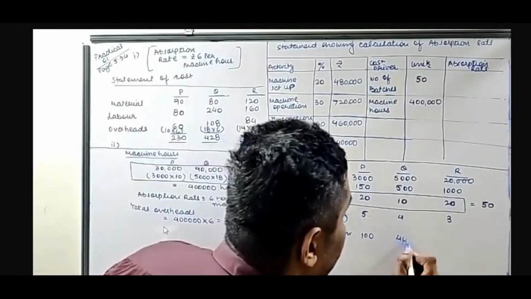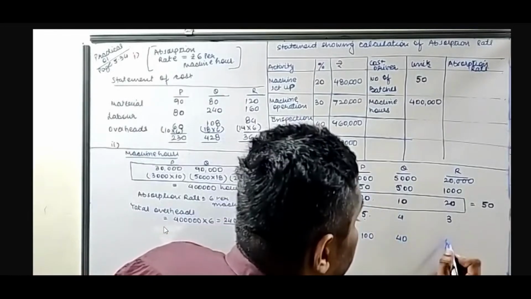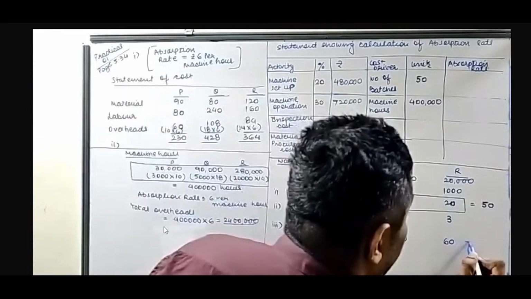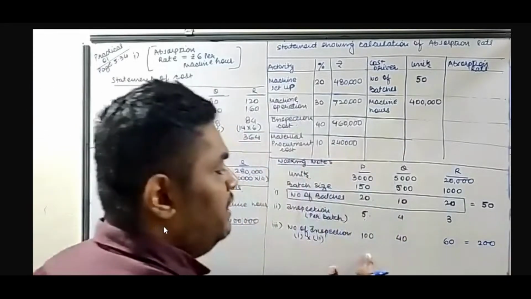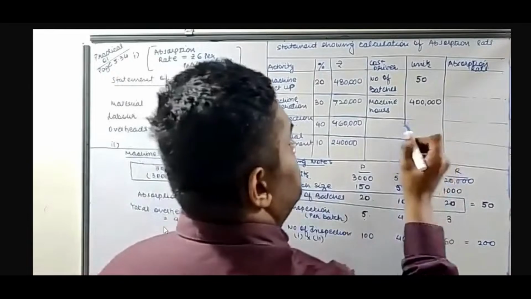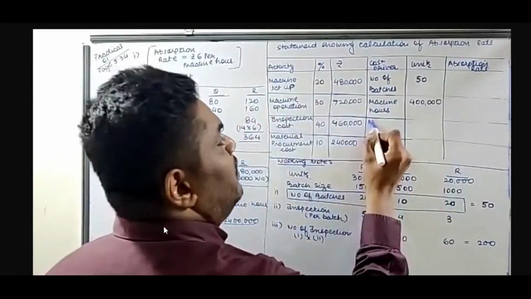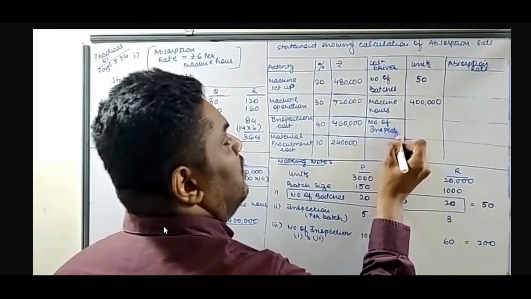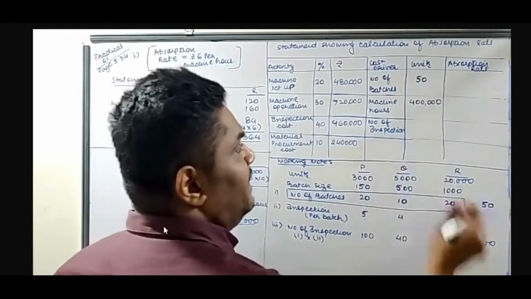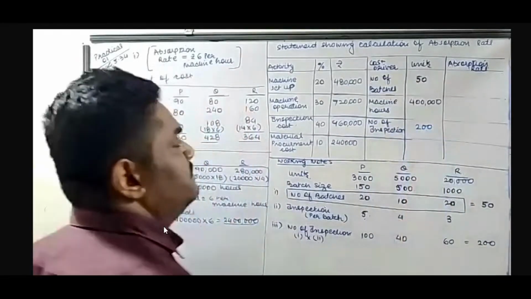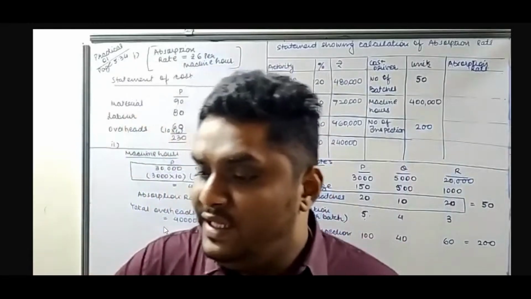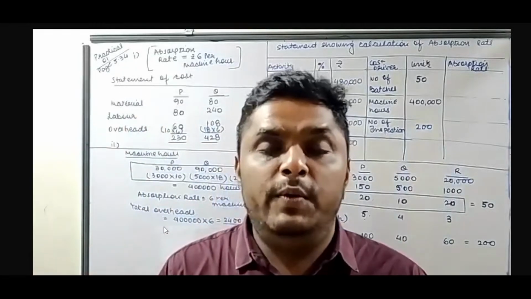So this will be 40 and this will be 60. So the total number of inspections will be 200: 100 plus 40 plus 60. So inspection cost will be on the basis of the total number of inspections, not per batch. So that is 200.